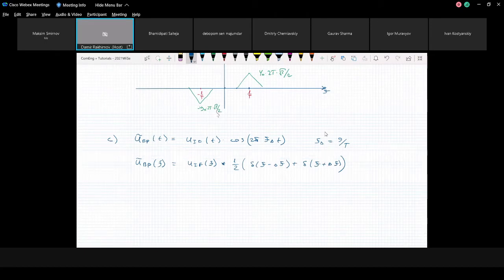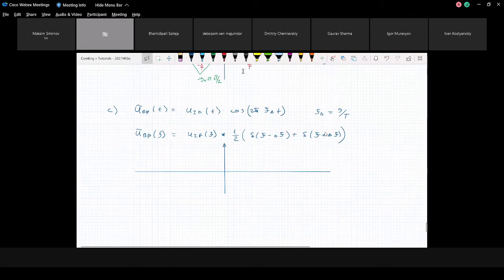I will not show the exact picture, but let's show that somewhere on this axis we have frequency 9/T, and by the same amount on the negative range we have minus 9/T.